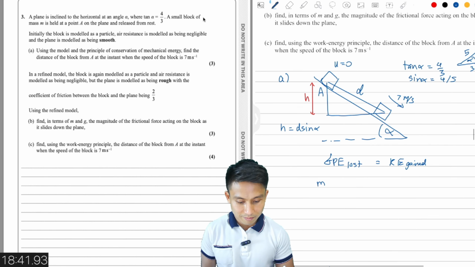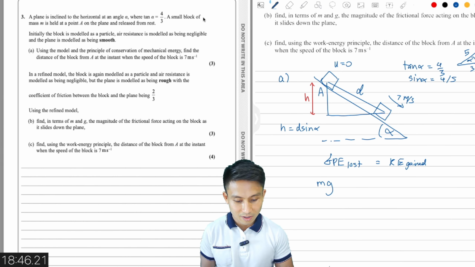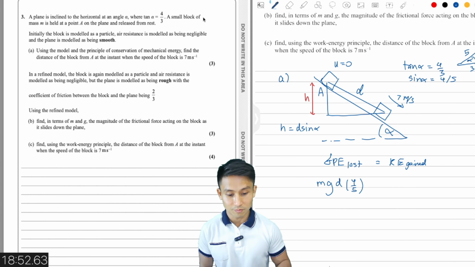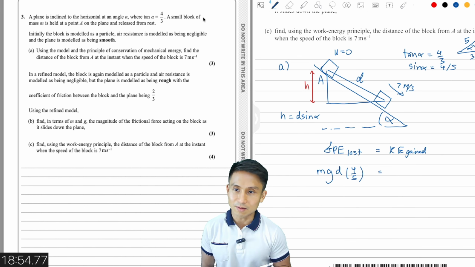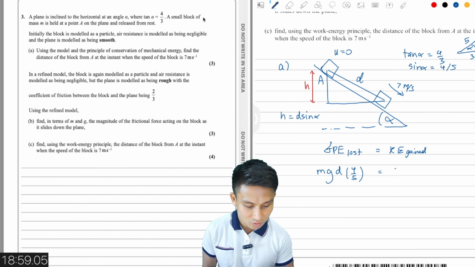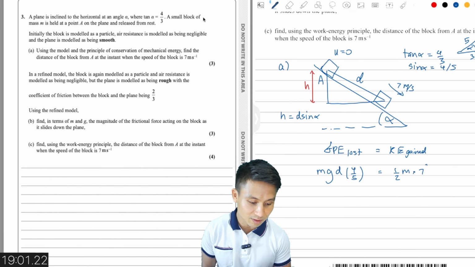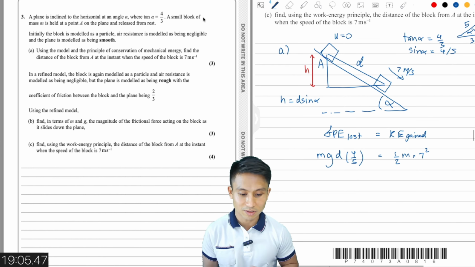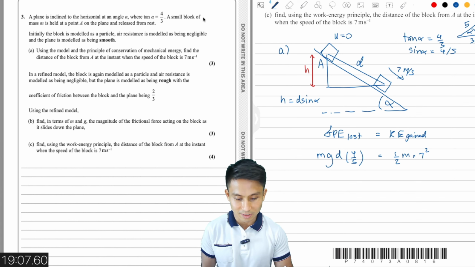Okay, so mgh, which is the change in height, d sine alpha, which is 4 over 5, is lost in potential energy, and equals the gain. Because we start from 0 and gain speed up to 7, that's just 1/2 m times 7 squared. That's it. No other friction, no other loss in energy, so just this.